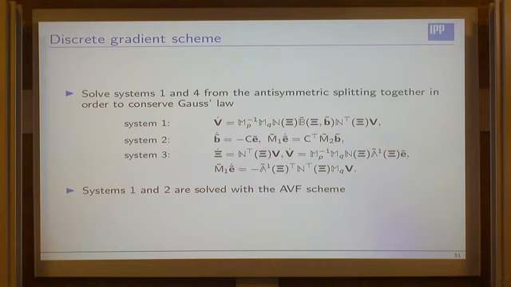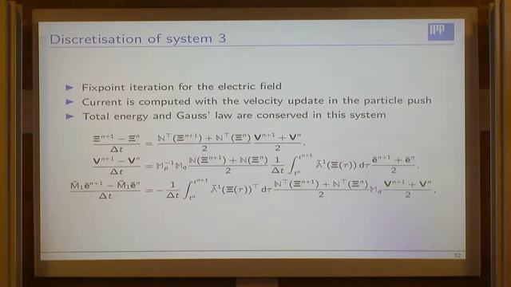So you cannot be as aggressive in the splitting. But this gives you something that is a bit more nonlinear. And also, you cannot use the average vector field method to construct your discrete gradient, because that in itself also destroys Gauss' law. But you can do it a bit differently, as you see here.